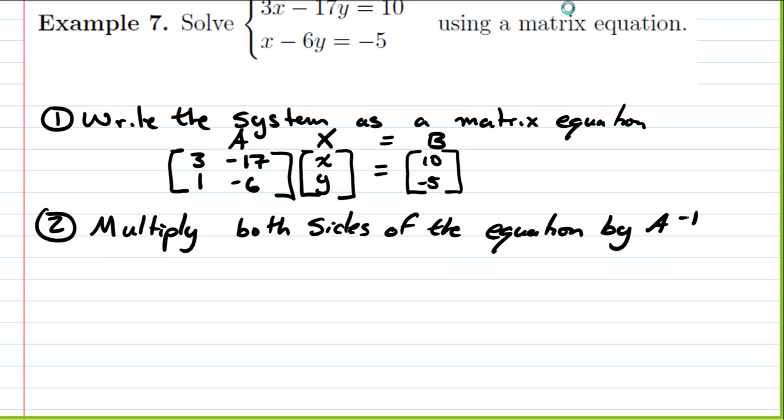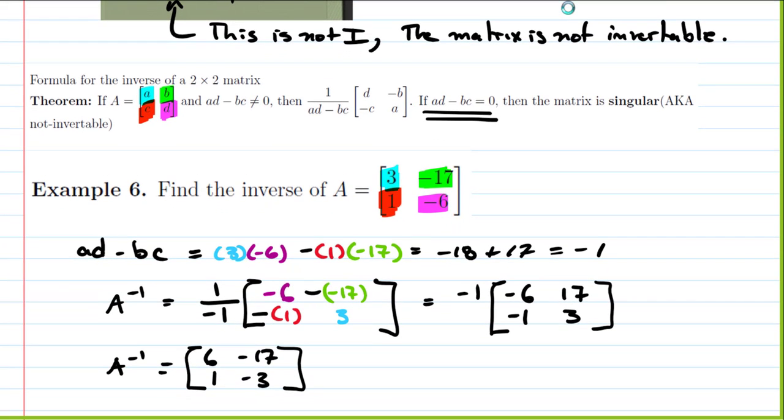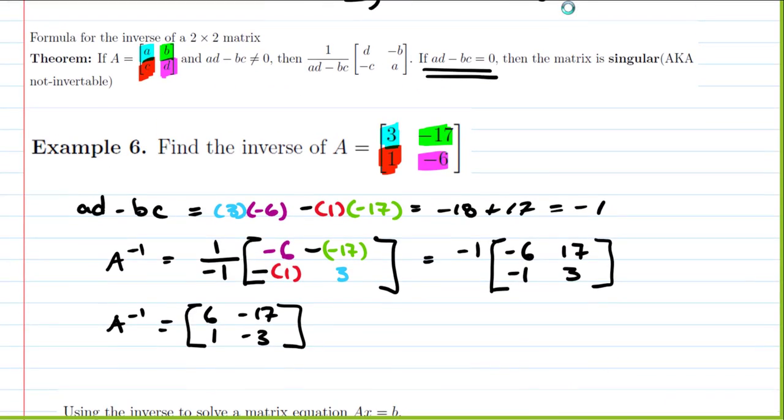That matrix A is the same one that we've used in the last several examples. So we know that the inverse of the matrix A, so 3, negative 17, 1, and 6, is the matrix that we have right here from example 6.